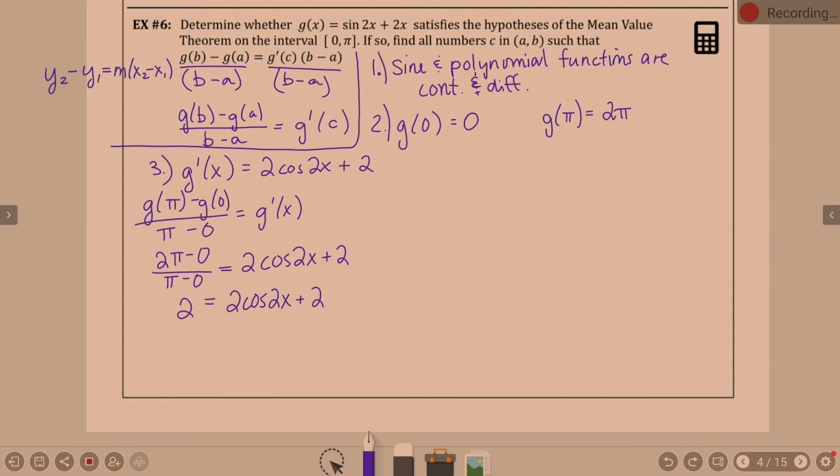A couple different ways we could go. Then I have 2 cosine 2x equals 0. You can go ahead and divide by 2, right? So then I have the statement cosine of 2x equals 0.